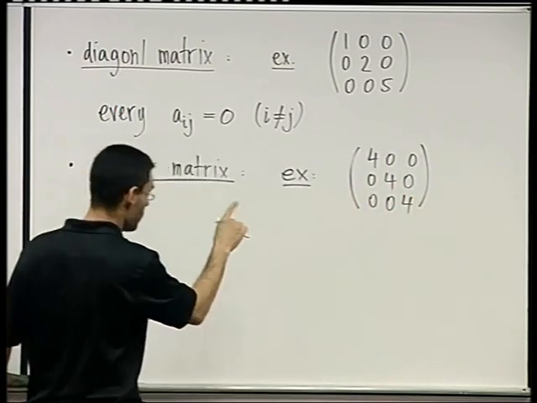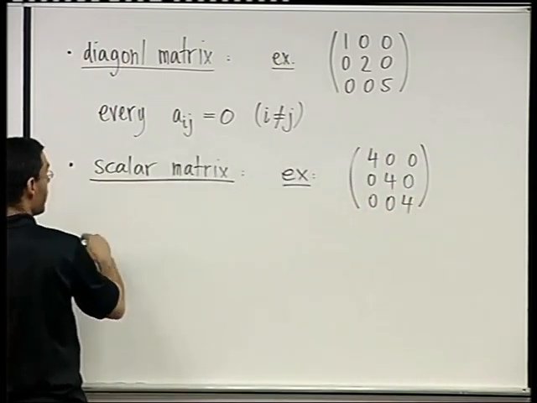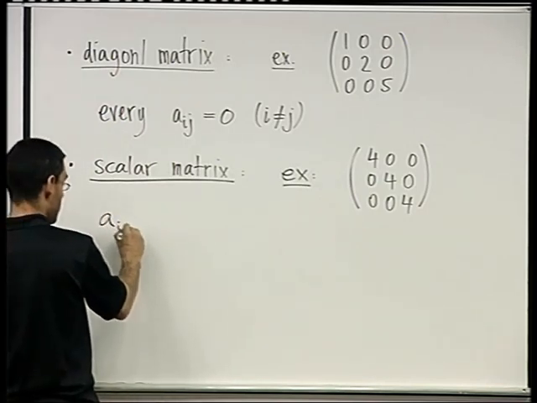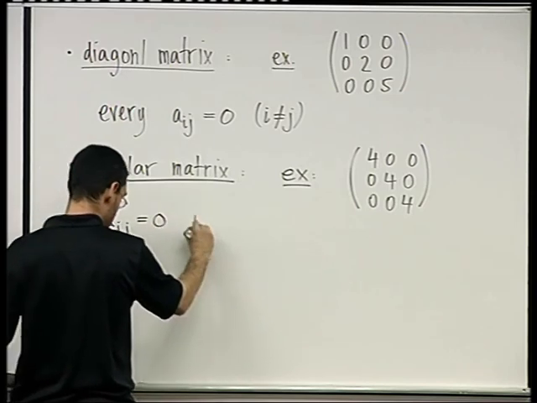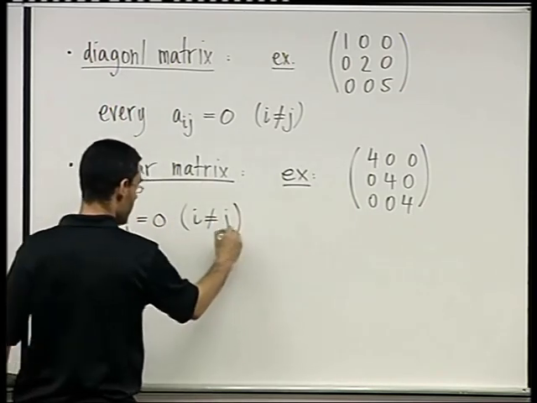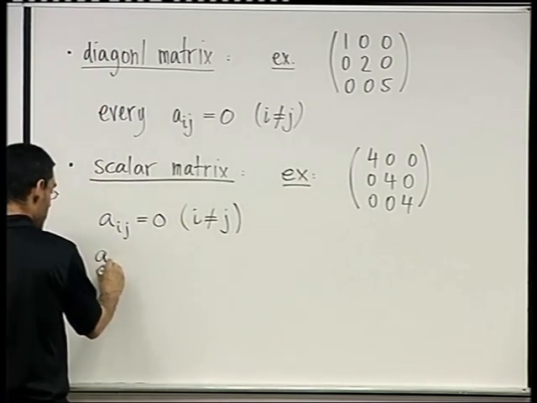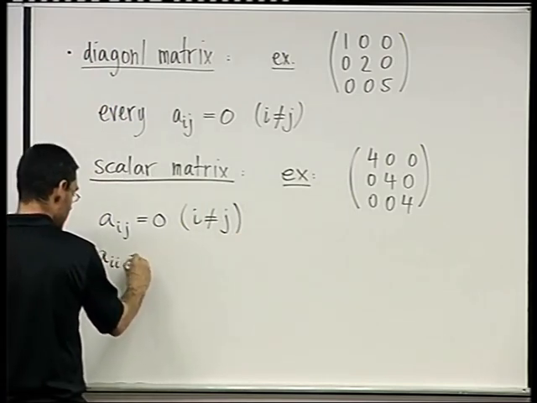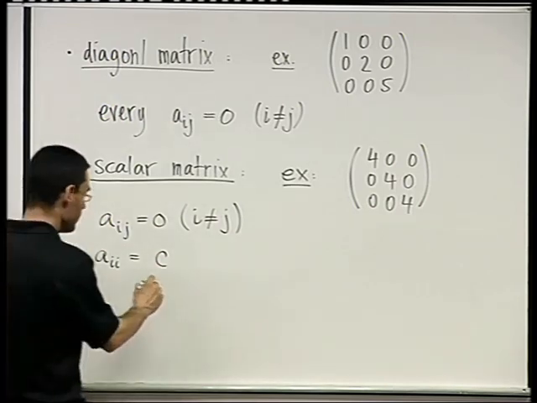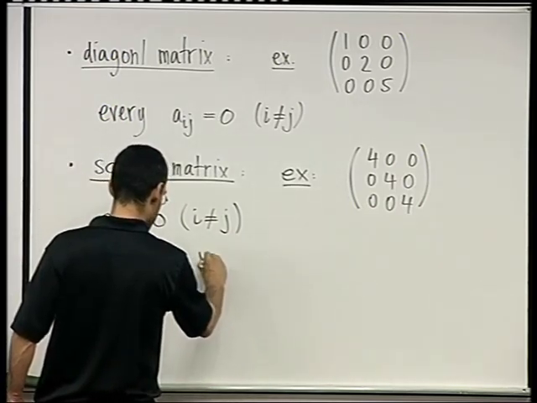So a scalar matrix is a matrix where all the off-diagonal elements are 0, aij equals 0 for i different than j, and aii equals some fixed scalar c for all i.